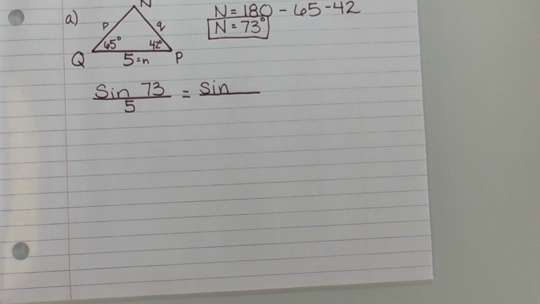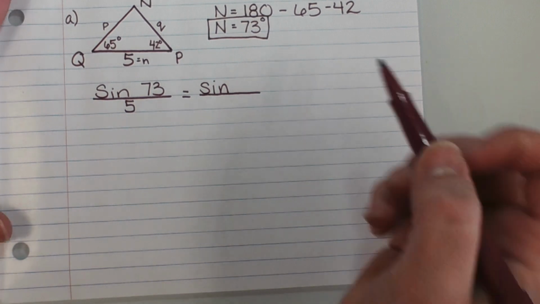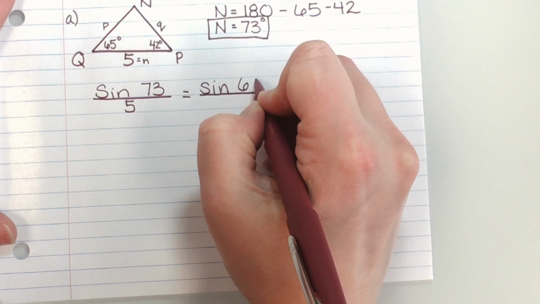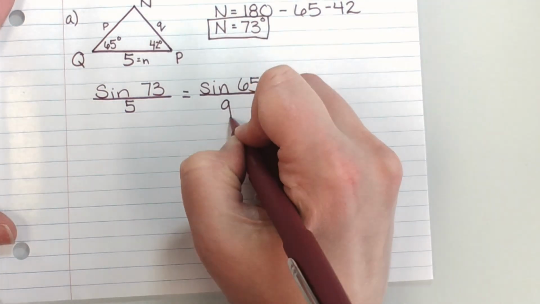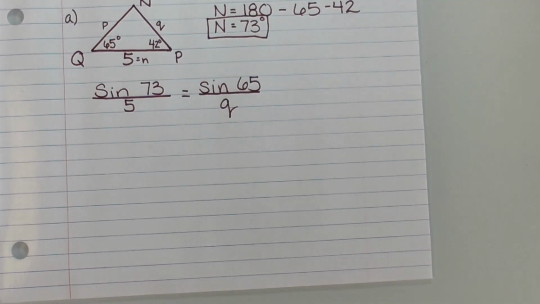Q, it's 65, which means side Q is going to be bigger than side P. So I'm going to solve for side Q. I'm going to put angle Q in, and then q goes there. How do I solve equations that look like fractions equal to fractions?